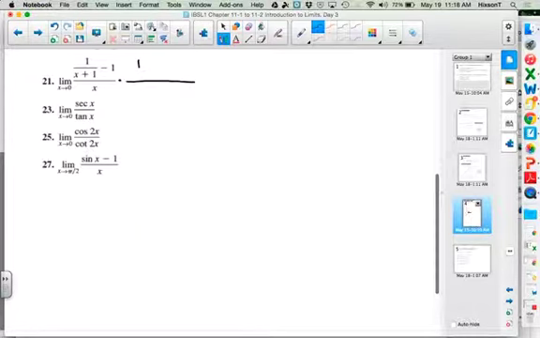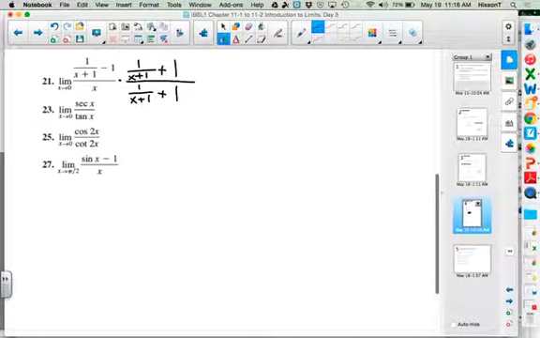So if I have 1 over x plus 1, I can multiply that by that plus 1. So I'm using the conjugate of my numerator. You see something like this, you just try it and see what happens.